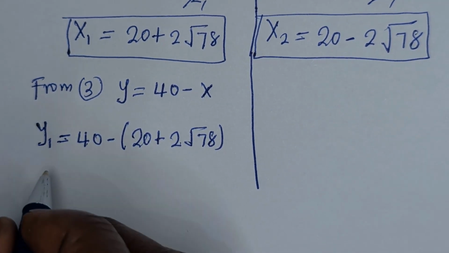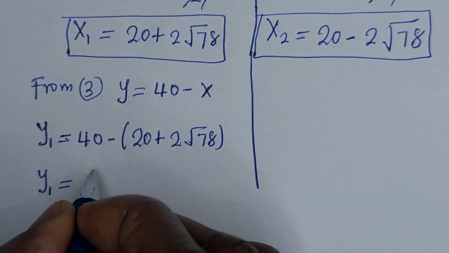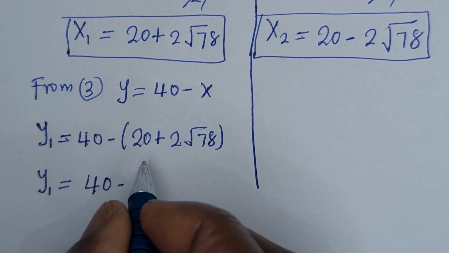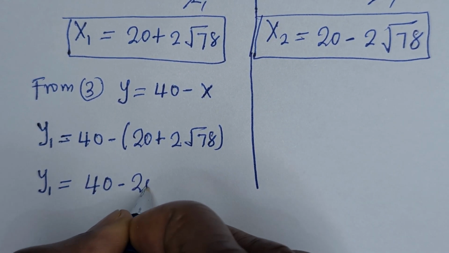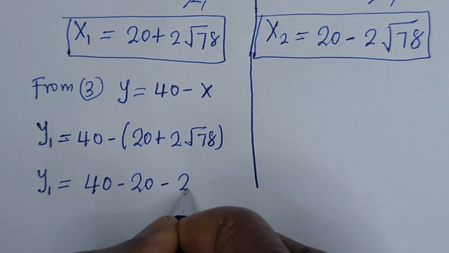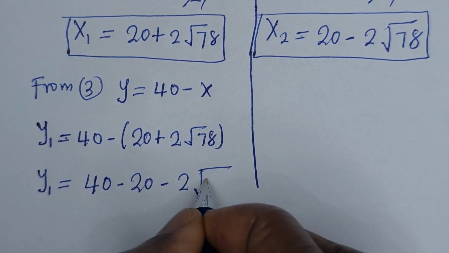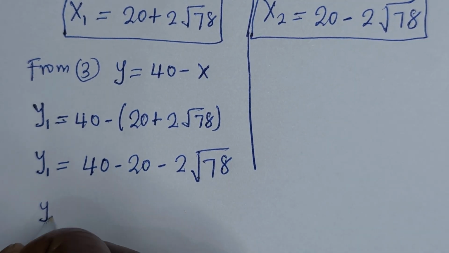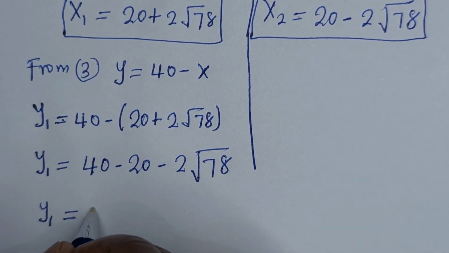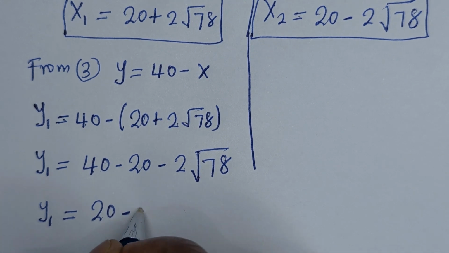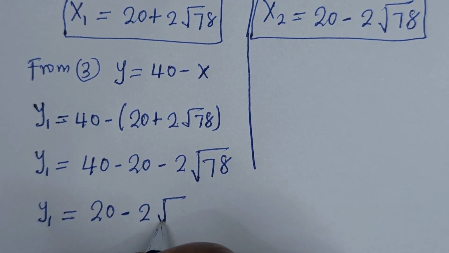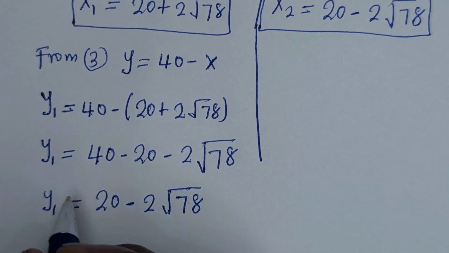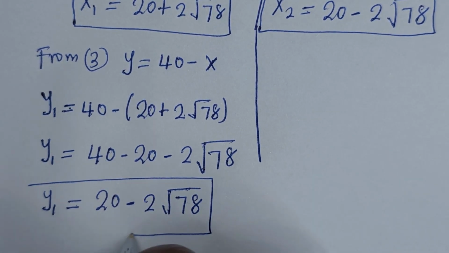Here y1 is equal to 40 minus, if you open the bracket with this negative, that is 20 minus 2 root 78. y1 is equal to 40 minus 20, this is 20 minus 2 root 78. This is the value of y1.